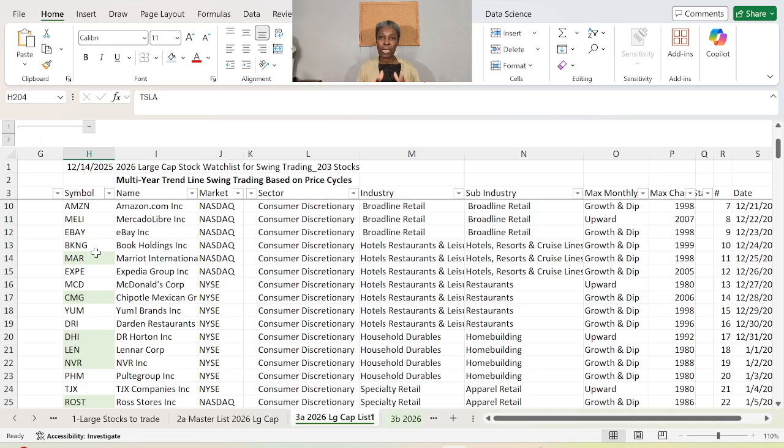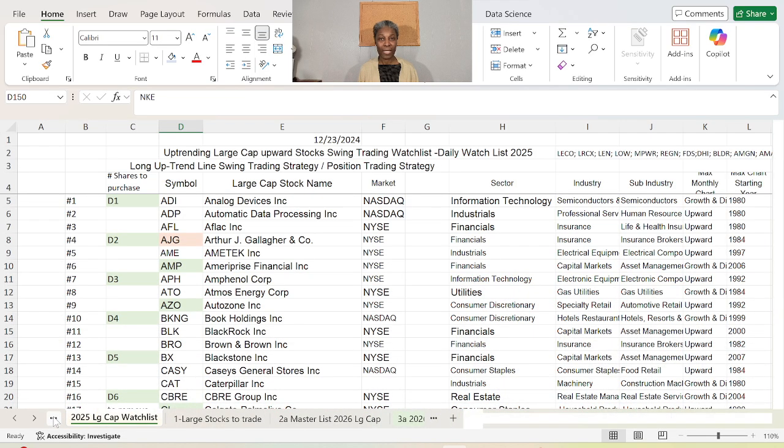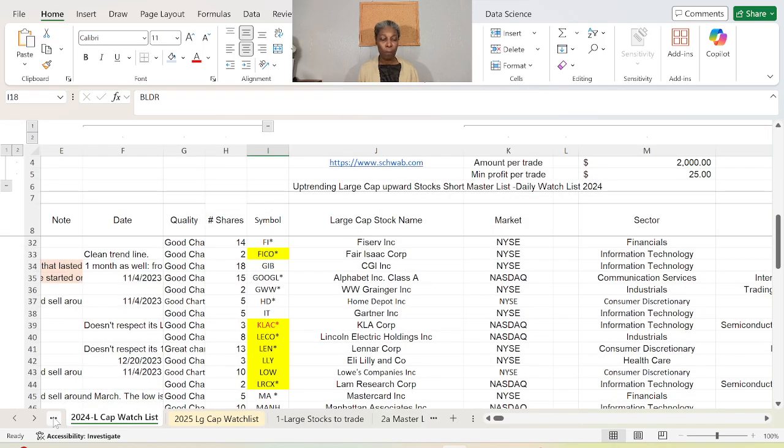I can just take time and create a watch list of those stocks that I can swing trade from, instead of going through my long master list of stocks every weekend to see stocks from it that are good for me to trade during the week and make a list of those. And sometimes I will find more than I can buy during the week. And then during the weekend, I'll do it again. And I said, no, it's not really a sustainable practice for me and my schedule and my obligations.